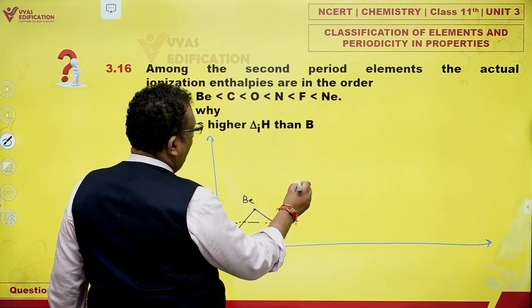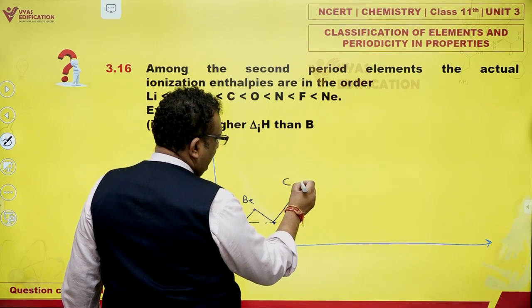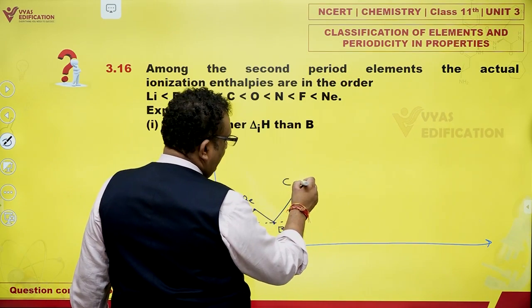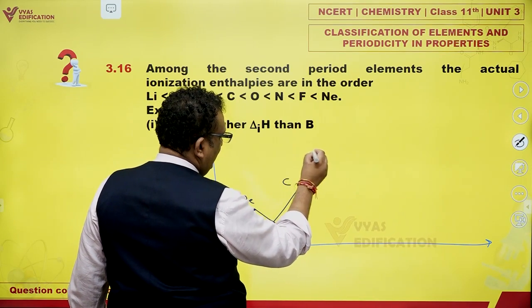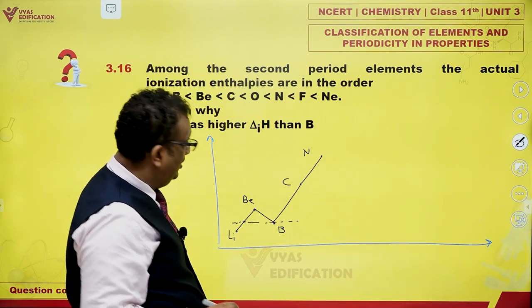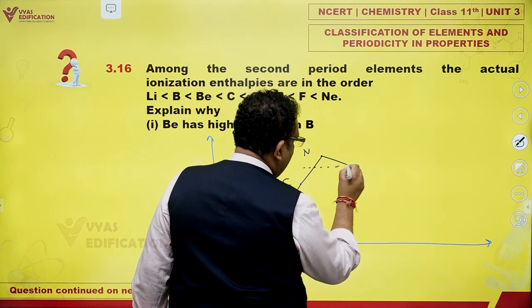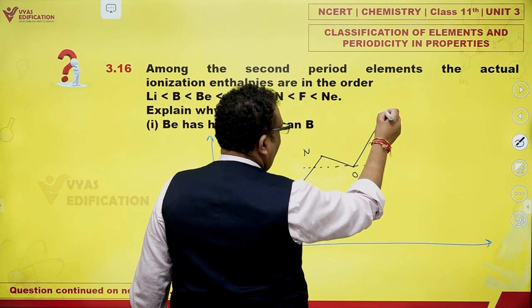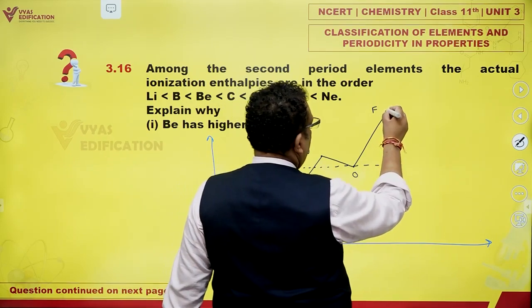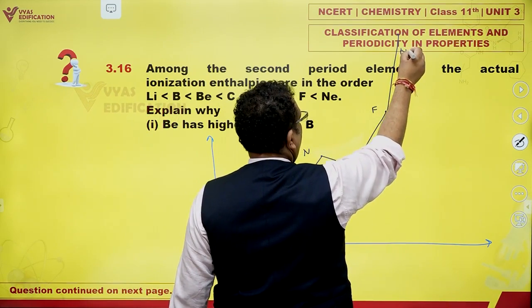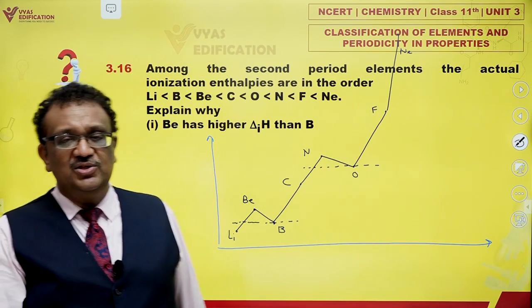And then you have carbon. Then after carbon, you have nitrogen. Very good. And then oxygen comes down. How strange. Slightly, not much. And then you have fluorine, which is very high. And of course, neon is a noble gas, so it just goes very, very high. This is typically the graph for ionization energy.